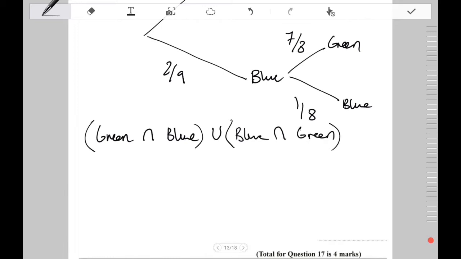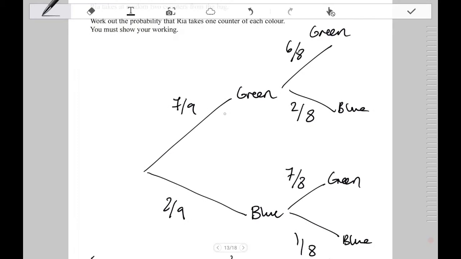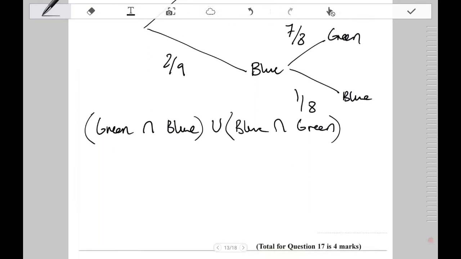And in terms of probability, we know that an and is multiplied and an or is added. So green and then blue, that's 7 over 9 multiplied by 2 over 8. Plus, because that's what an or implies, a blue and then a green.